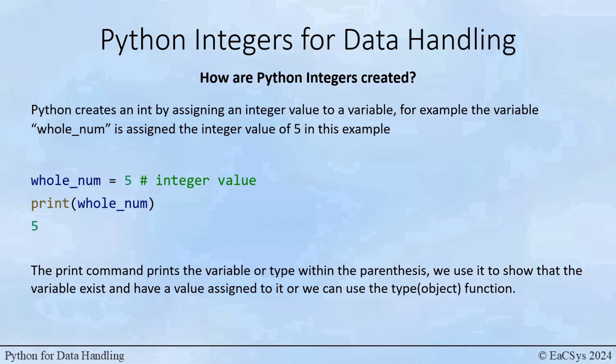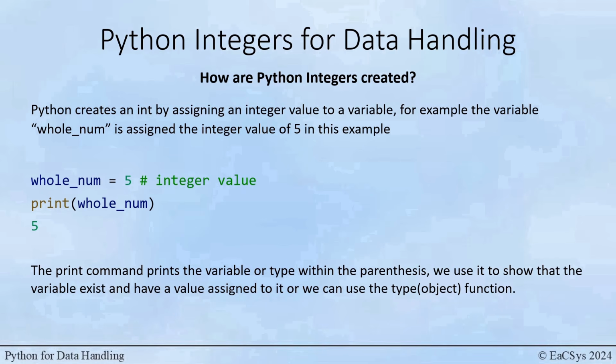We assign the variable whole num the value of 5 with the equality sign, so we have whole num equals 5. Then we write the comment sign, the hash mark, and to the right of it we type integer value, to remind us that 5 is an integer value and that the variable is an integer because we assign it an integer value.